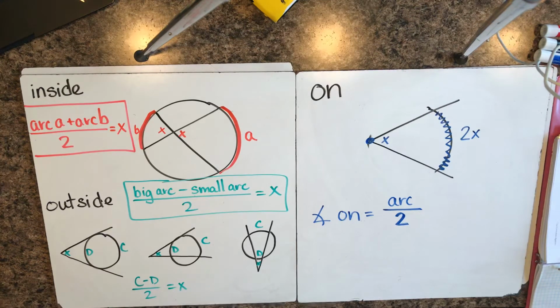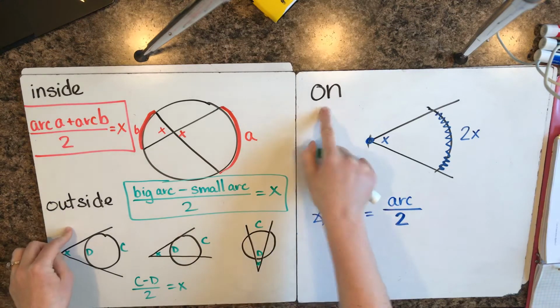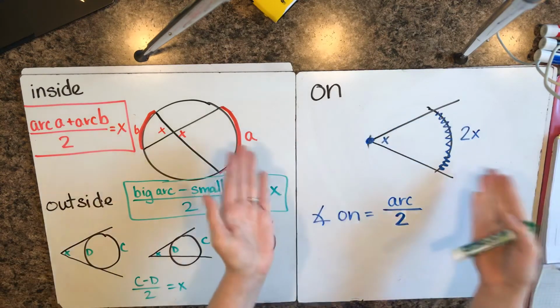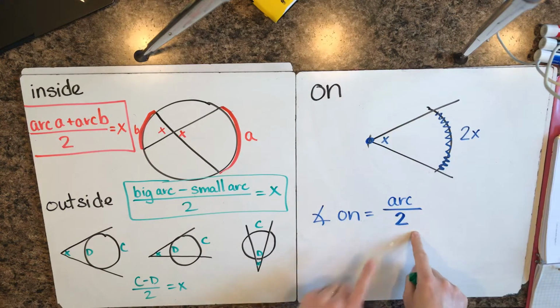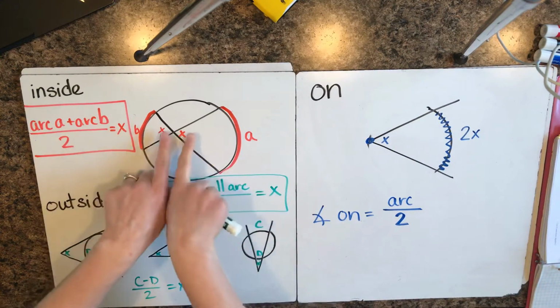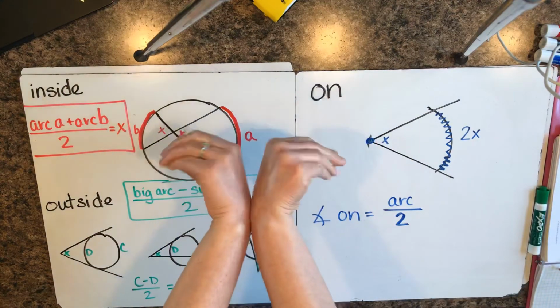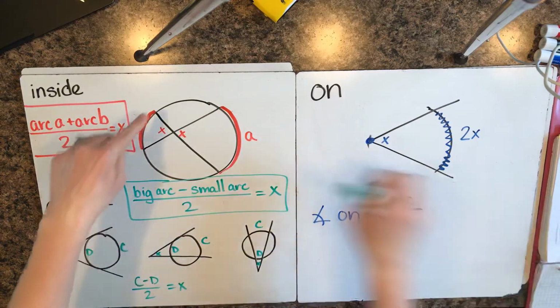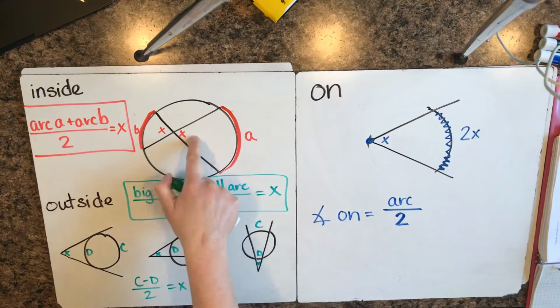So again, when you're thinking about angles, you're thinking about inside, outside, or on. If it's on the circle, there aren't two arcs, so all you're doing is taking the one arc and dividing by 2. When they cross on the inside, there are definitely two arcs. It's kind of like a two-headed shark. It's so hungry it's got to eat two things. You're going to add them up, then divide by 2, and that equals this x and that x.